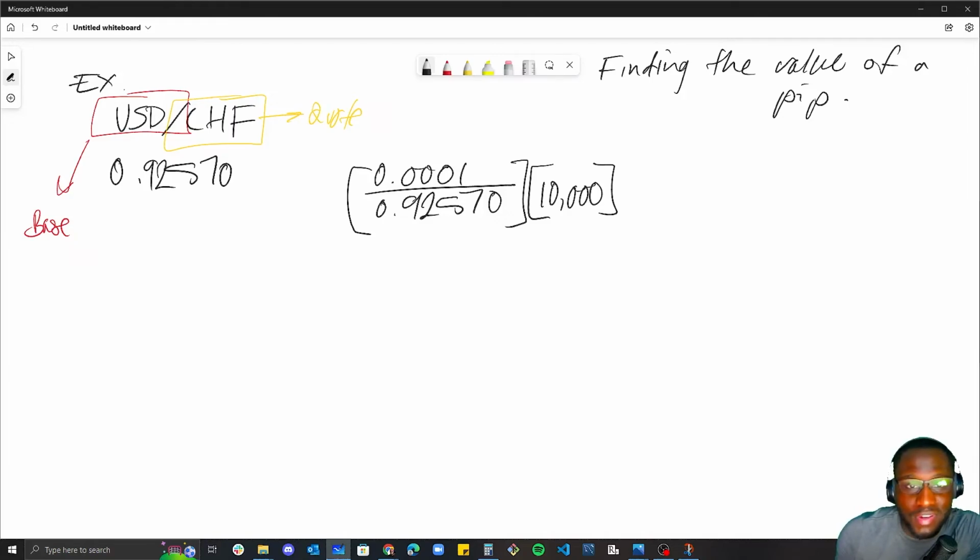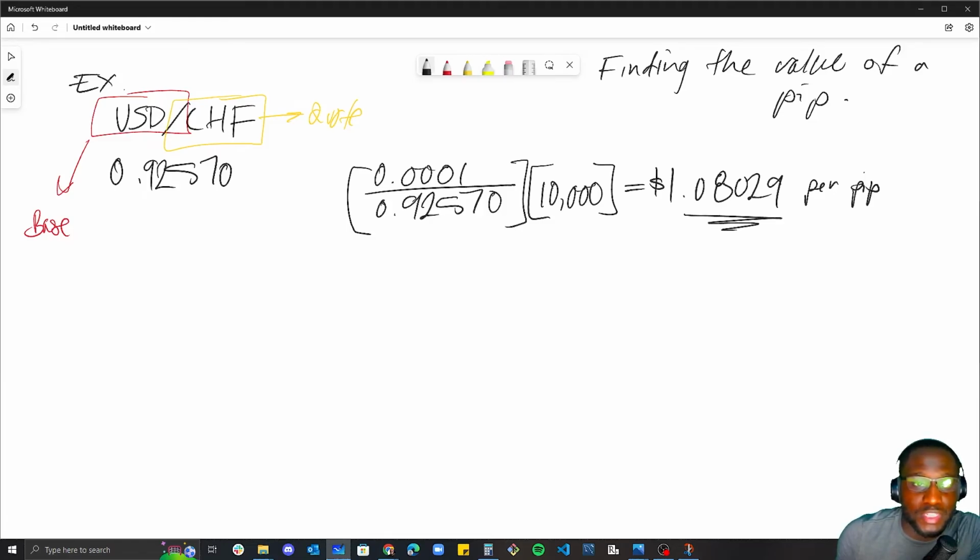So you'll just divide that and you will get 1.08029 dollars per pip. So that's the value that you would get every time the exchange rate moves up or down. That's the value per pip, the dollar value per pip.